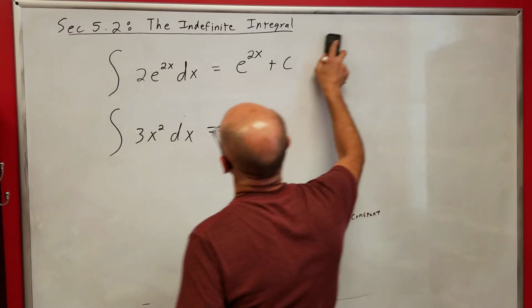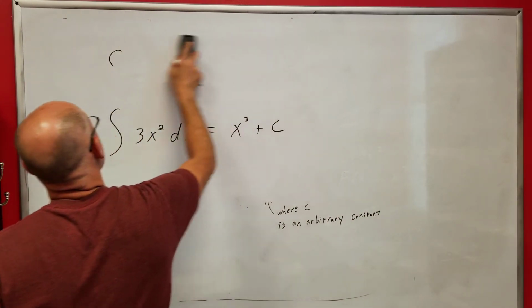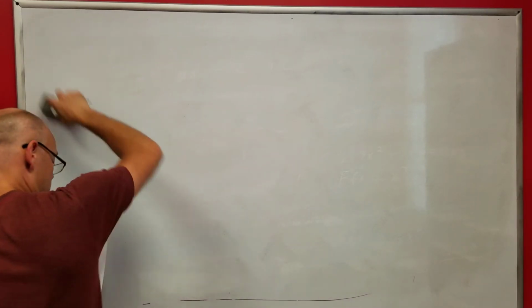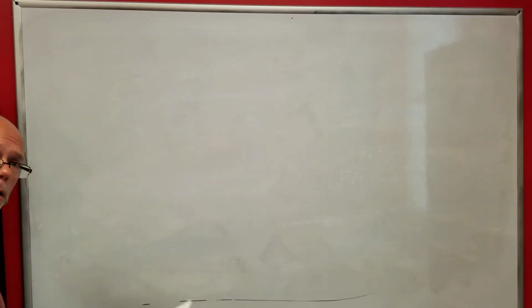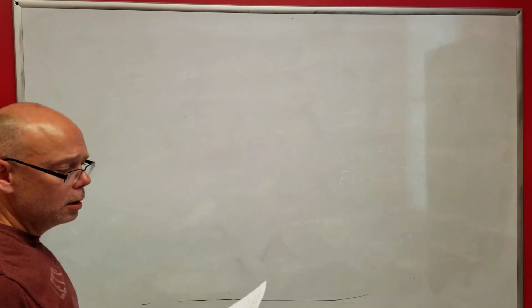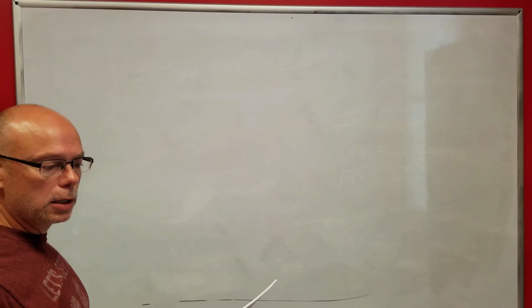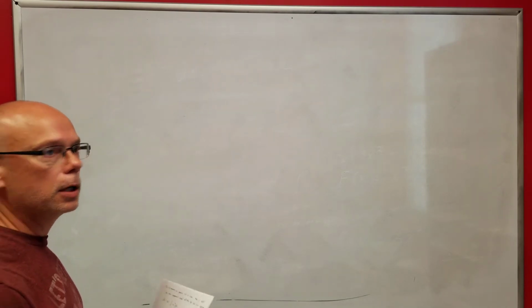Let's look at some integration, okay? In fact, I'll tell you what, let's look at this power rule, okay? The book talks about to integrate a power of x other than -1, add 1 to the exponent, and divide by the new exponent.